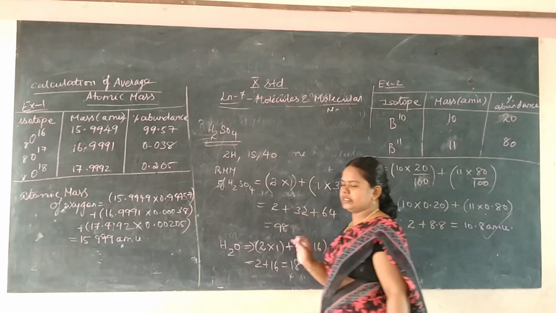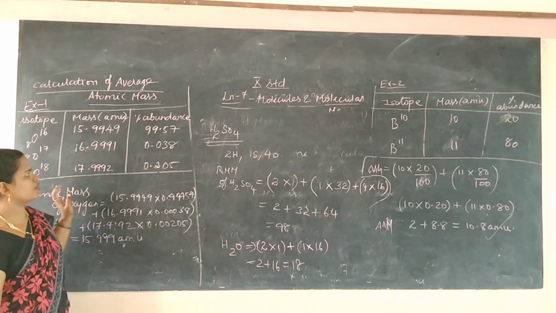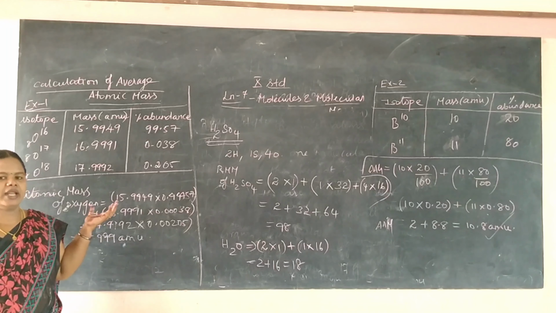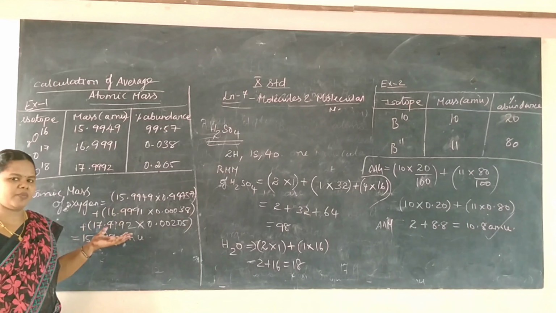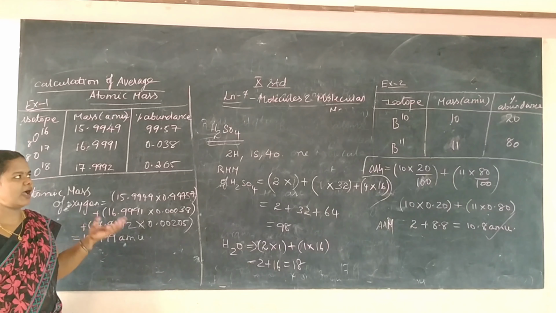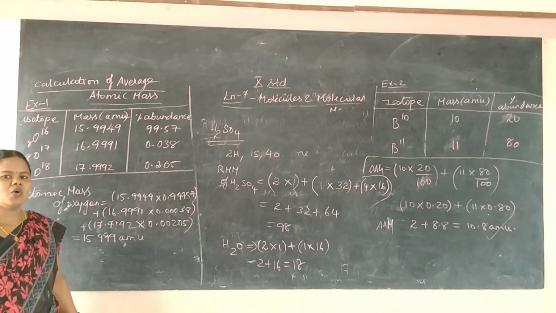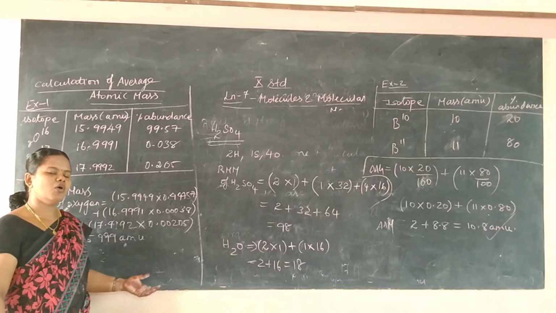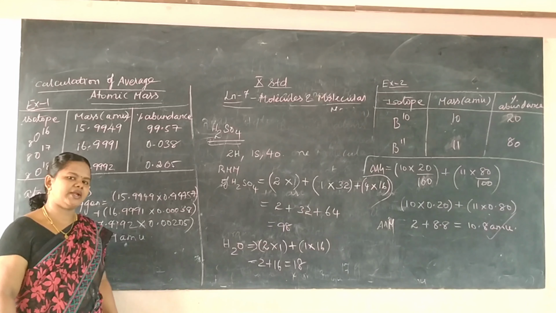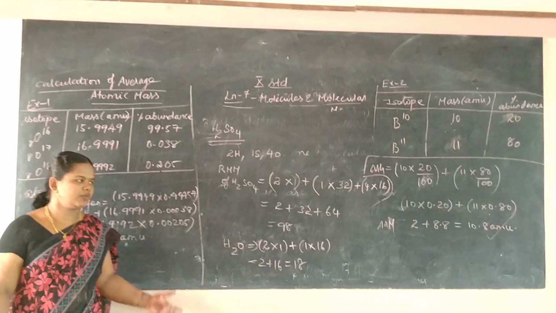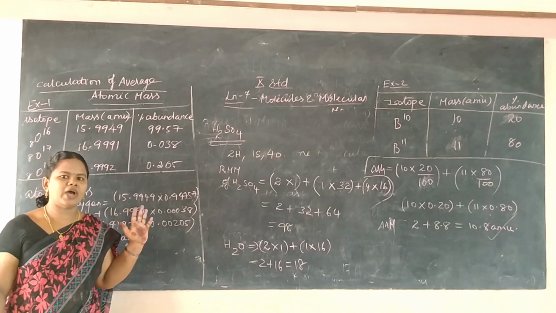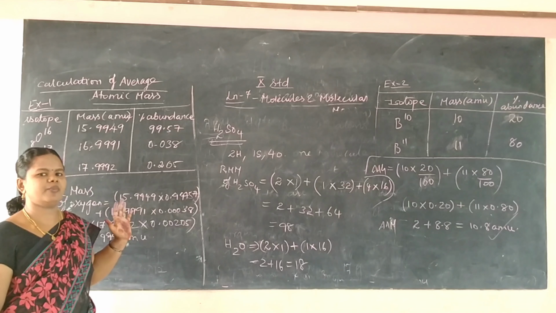In today's class we learned about relative atomic mass, relative molecular mass, average atomic mass, and molecules. What are the classifications of molecules? Homoatomic, heteroatomic, polyatomic, atomicity, everything we have learned. And I want you to do activity 7.1 and 7.2.